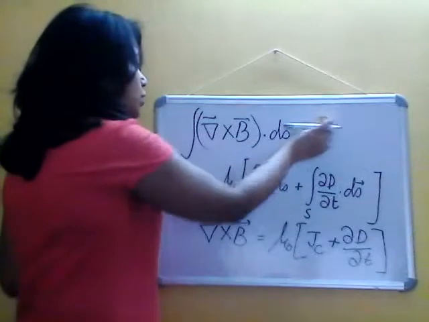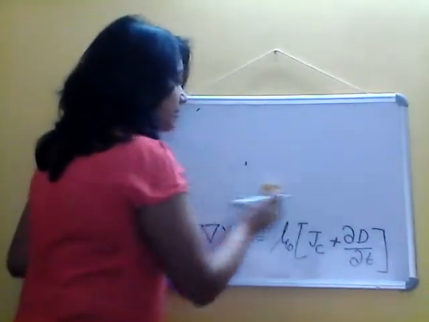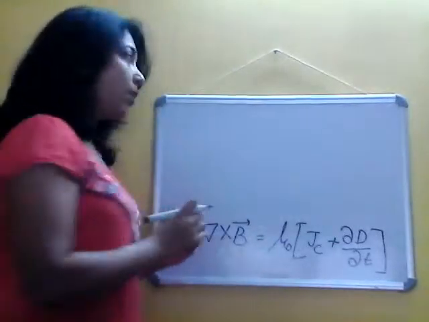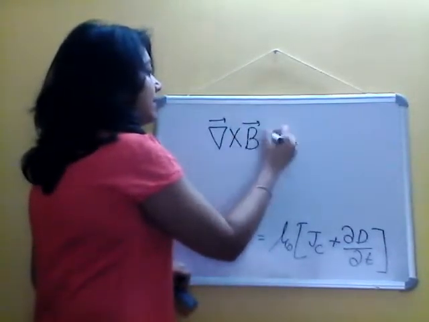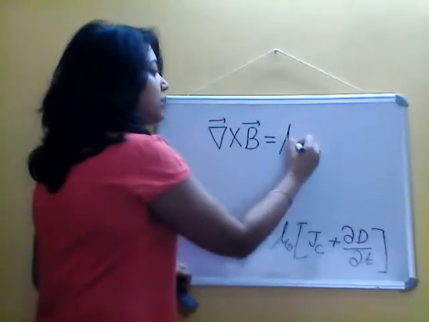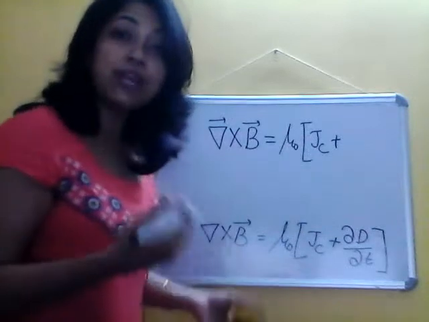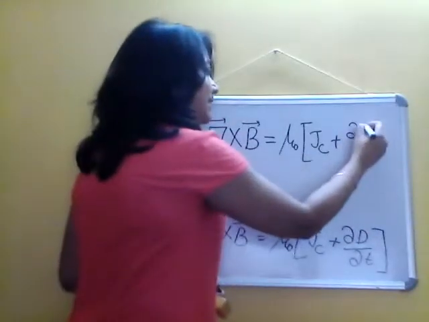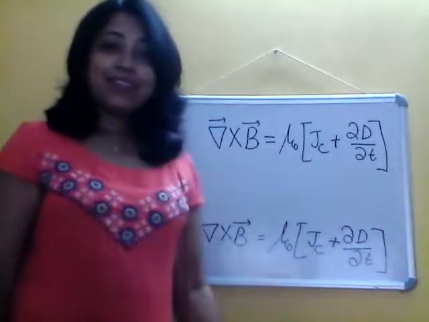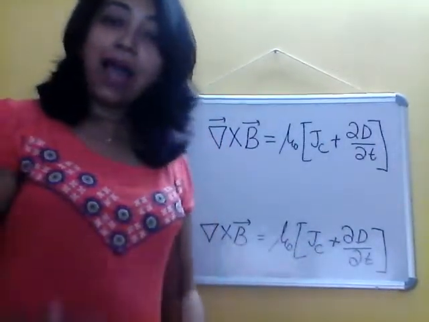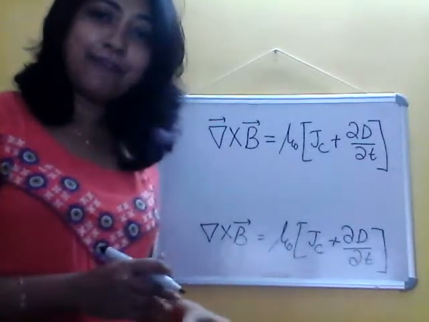This is our so-called differential form. So from the integral form, we have brought in our differential form that curl B is equal to mu 0 times Jc plus Jd, and Jd is nothing but del D del T. So have you all followed how from the integral form we have derived our differential form?